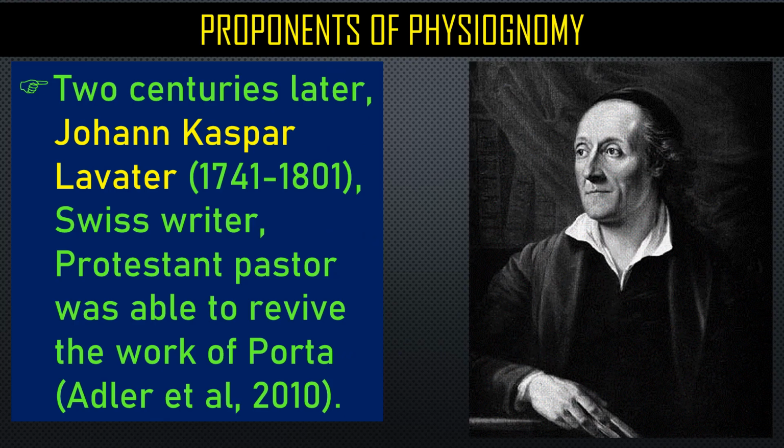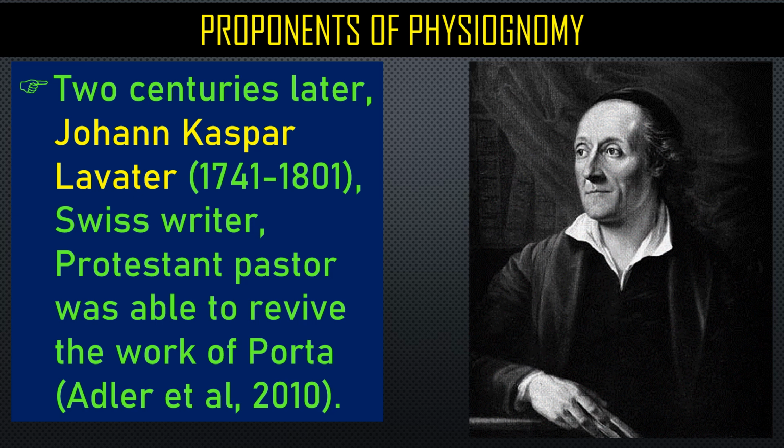Okay, so further, later on, 2 centuries later, so mga 15 to 1600, si Porta. Here comes Johann Caspar Lavater. Okay, he was a Swiss writer and a Protestant pastor. And he tried now to revive the work of Porta.